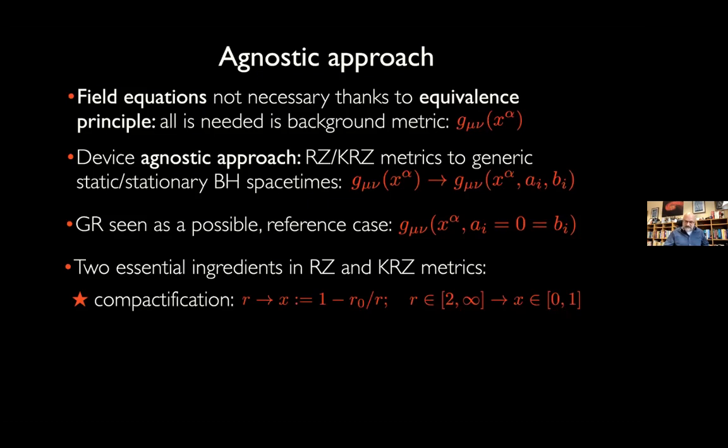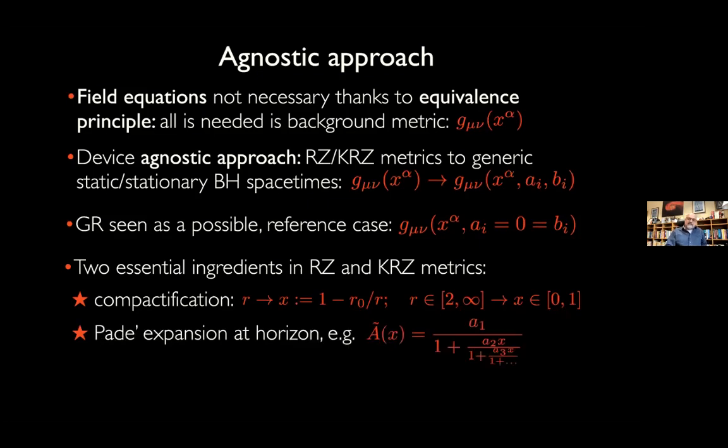This is in the Schwarzschild case, and you can do the same in the rotating case. And another one, maybe a very important one, is that we don't use what most people use, which is a Taylor expansion in M over r, where r is the radial coordinate, but rather we use a Padé expansion at the horizon. So we use a continued fraction approach.